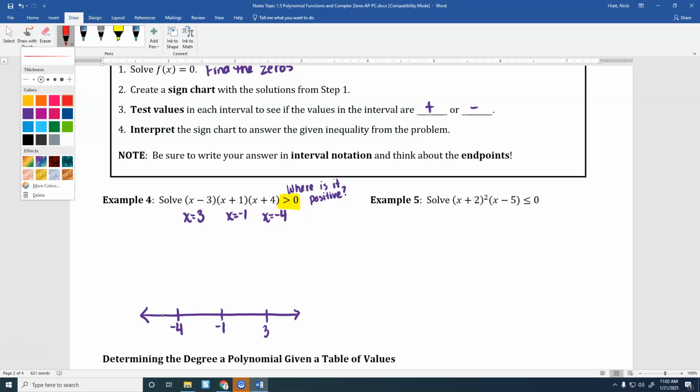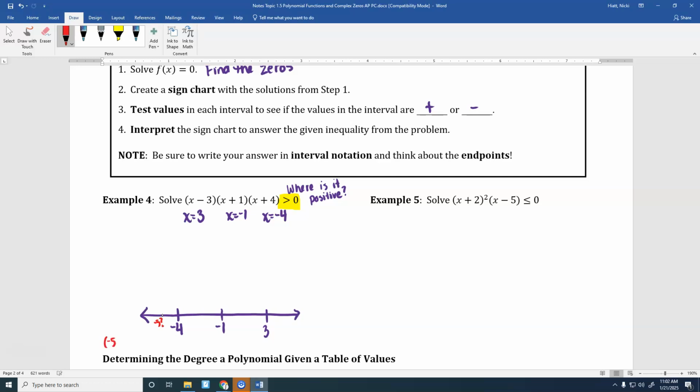So if I am thinking about negative 5, right, then I'm thinking of plugging in negative 5 minus 3 times negative 5 plus 1 times negative 5 plus 4. And that would be negative 8 times negative 4 times negative 1.